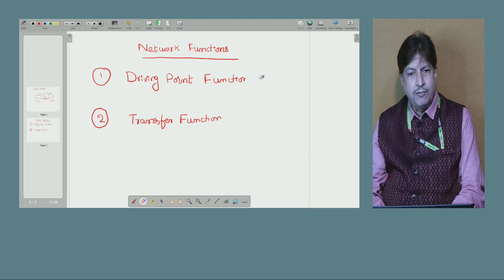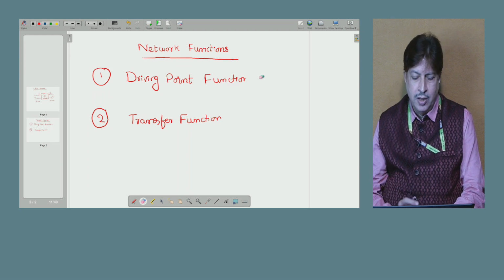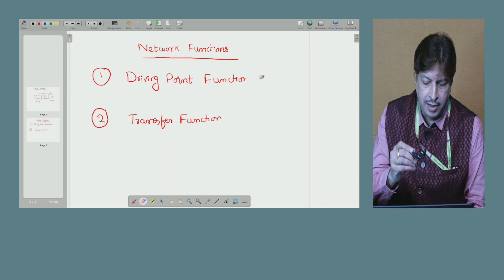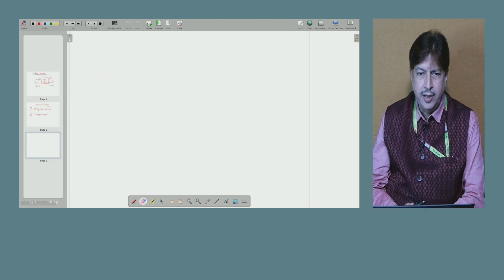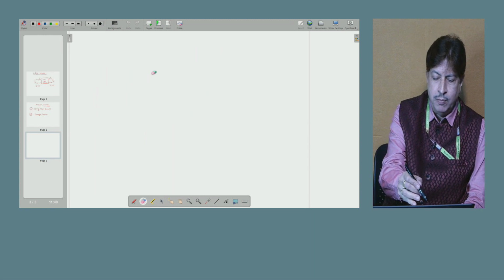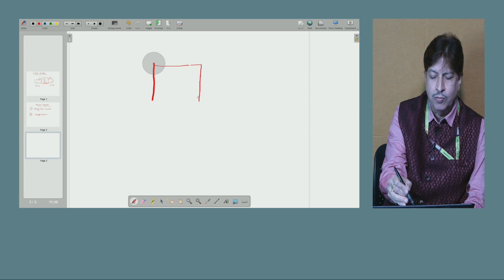And in case of transfer function, numerator and denominator variables belong to different ports. Accordingly, let us analyze what are all various driving point functions for a given two-port network.